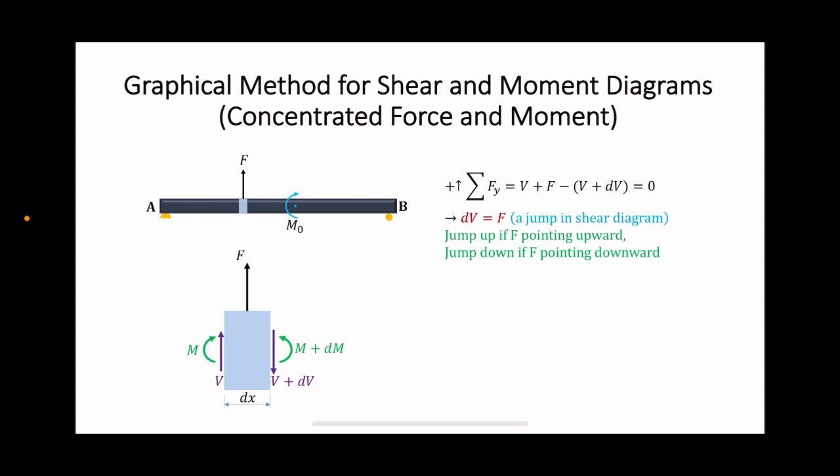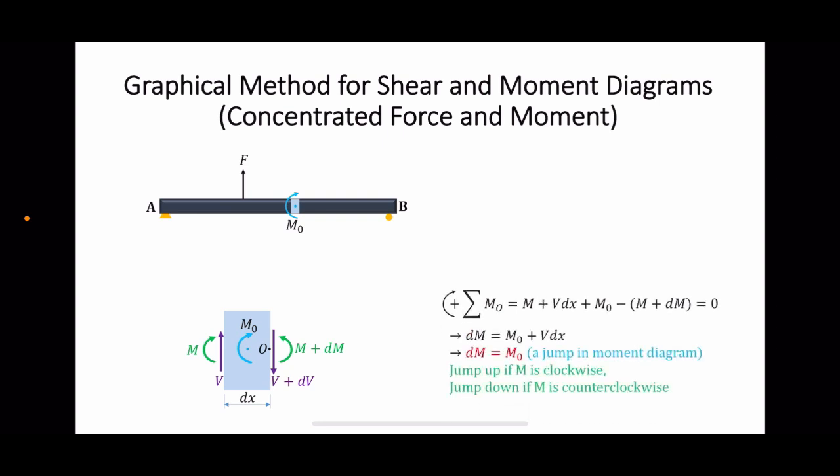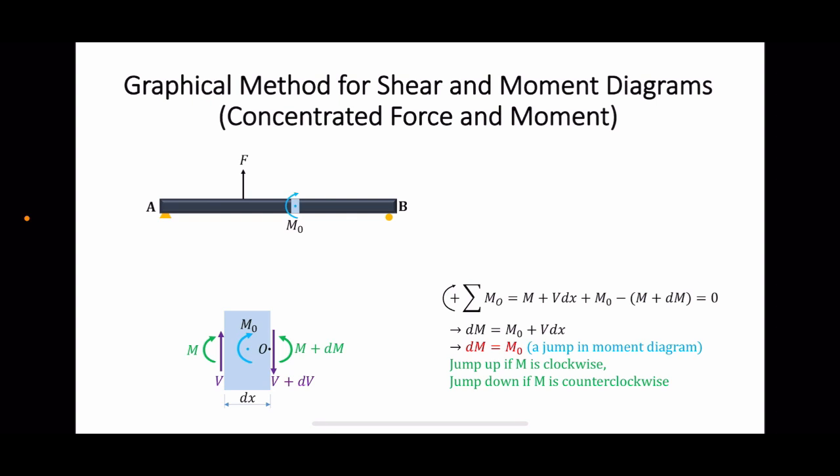Now let us move the length element to the location of the concentrated moment. Zoom in and draw the free body diagram for it. From the equilibrium of moments about point O, we can see a jump of the same value of concentrated moments in the moment diagram.